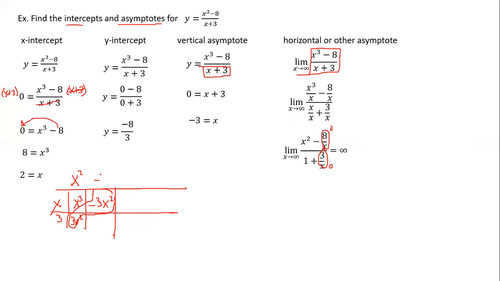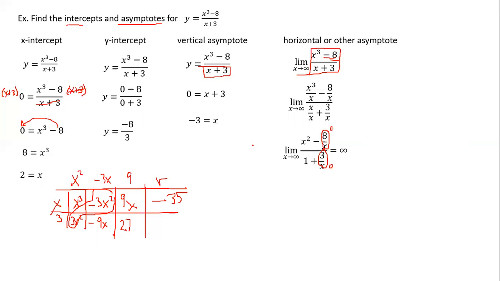So this would be minus 3x, giving us minus 9x here. What is the x term originally? There isn't one of those either. Gives a 9 there and a 27 here. We wanted to end up with negative 8. I think I'm going to have to subtract 35 to make that happen. So that is our remainder.